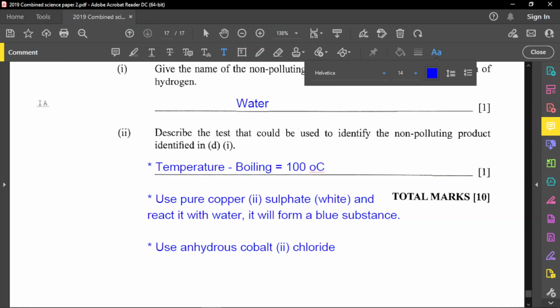What will happen here is it will turn from blue into pink. I said purple just now, it's pink actually. So those are the 3 tests you can use to test for water, and this is the end of this review. Again, good luck on the examination. I'll talk to you soon.